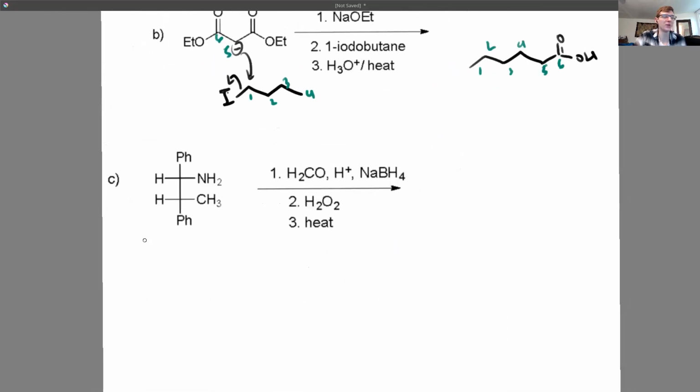Okay. Well, this one's in Fisher projection, which is already nasty. So what are we doing? We have formaldehyde, acid, and borohydride.